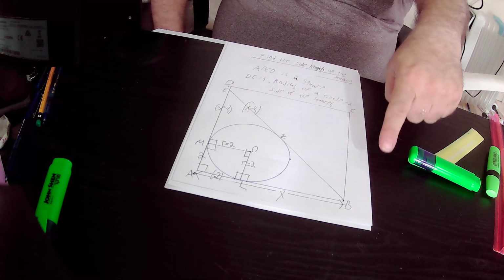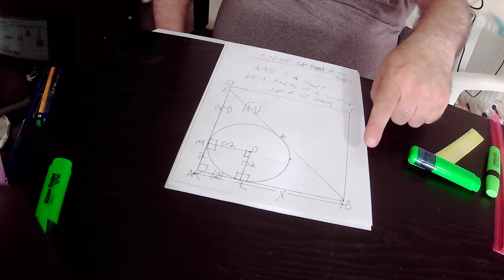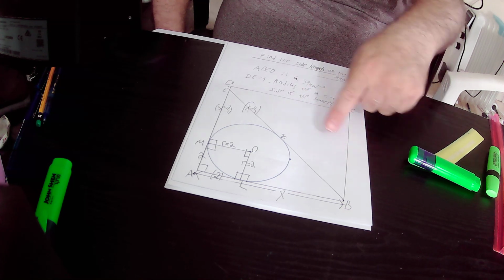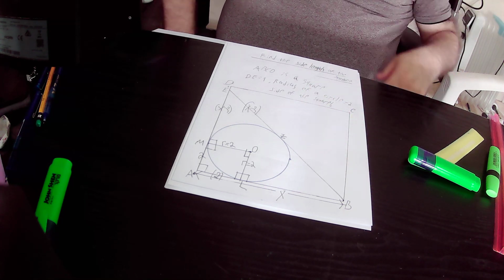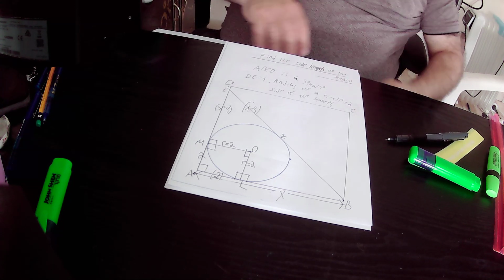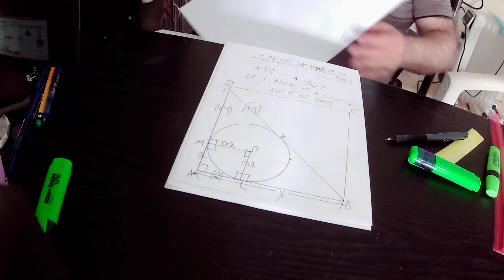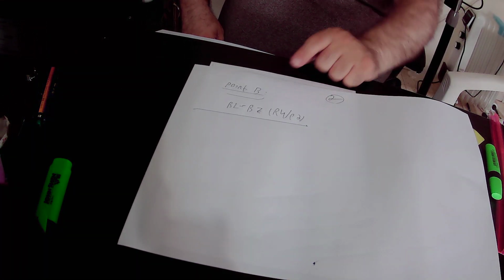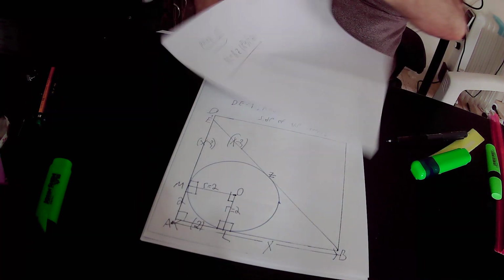The point of tangency of tangent BL with this circle is L. And the second tangent from point B is BZ. Z is the point of tangency of the second tangent with this circle. According to rule number 2, BL equals BZ.